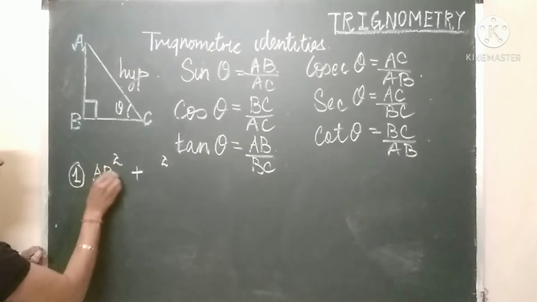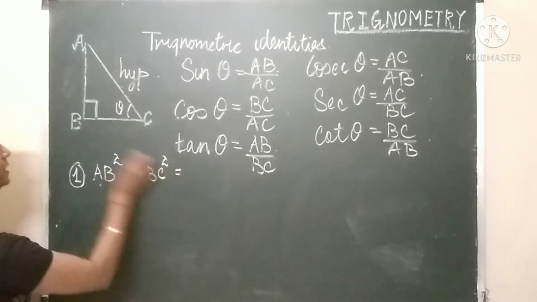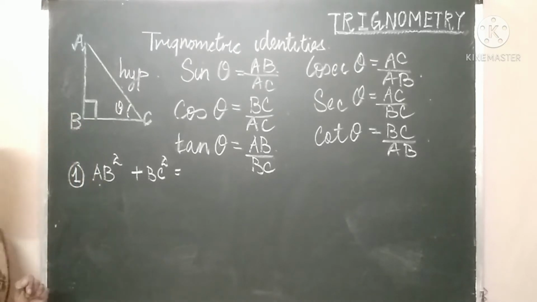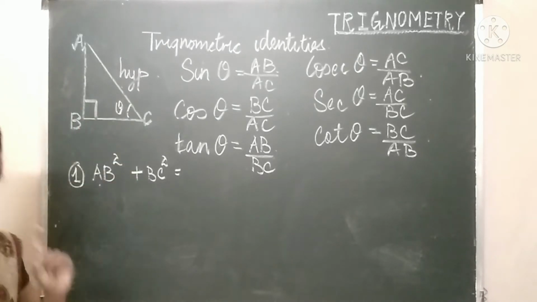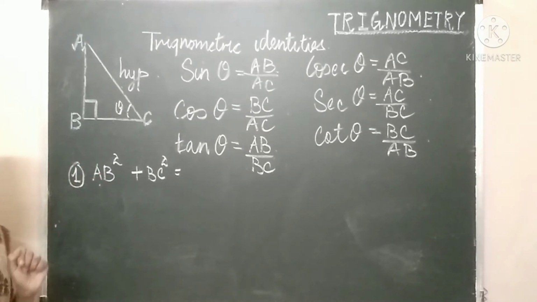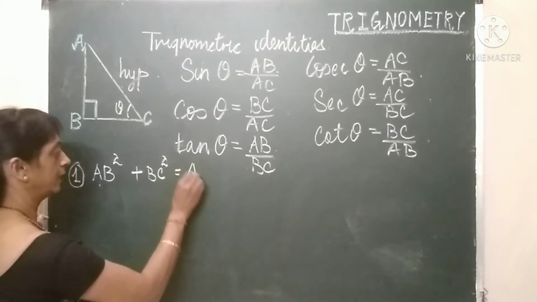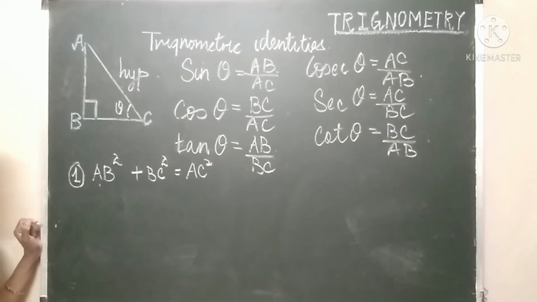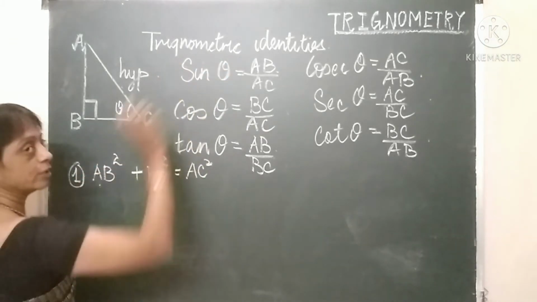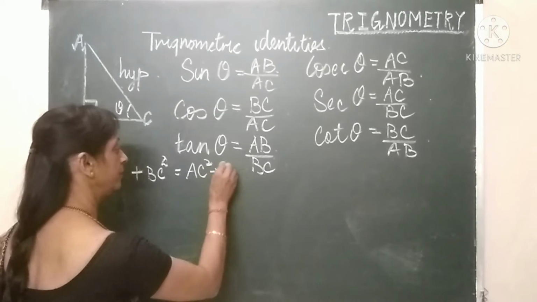So AB square plus BC square is always equal to the hypotenuse square. Which is the hypotenuse over here? It is AC. So that will be equal to AC square. Now children, how do we get the trigonometric identity? By using Pythagoras Theorem.